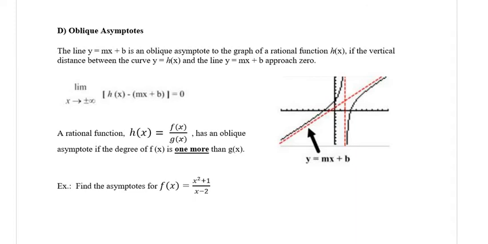Now, the big thing I want to stress to you guys is that we can always have vertical asymptotes. We can have horizontal asymptotes. We can have oblique asymptotes, but we're never going to have oblique and horizontal at the same time. So never oblique and horizontal in the same graph.